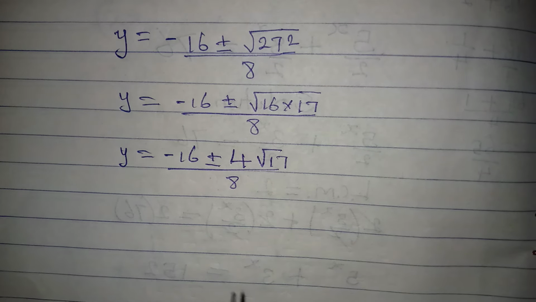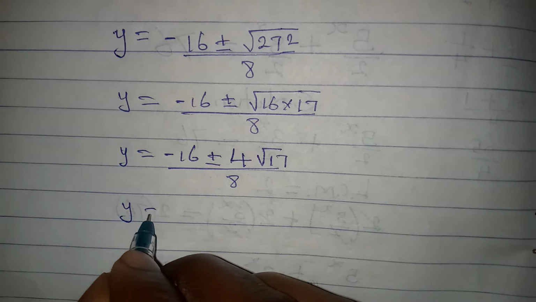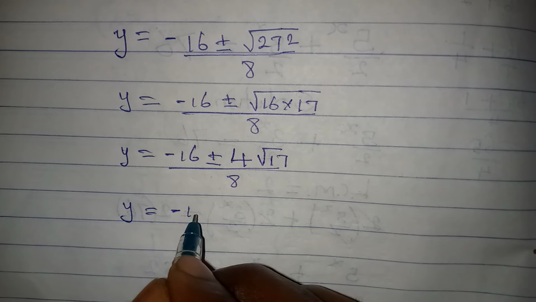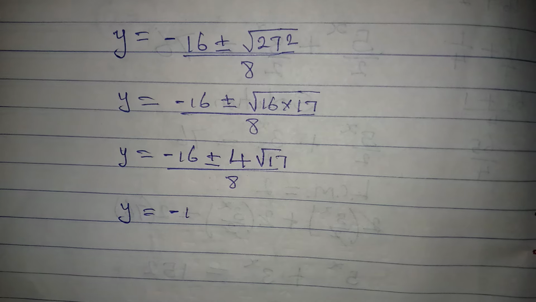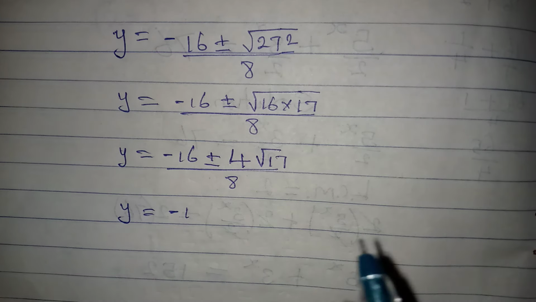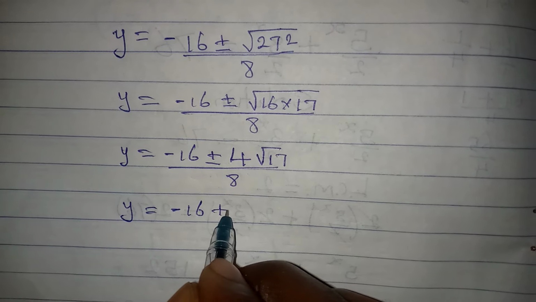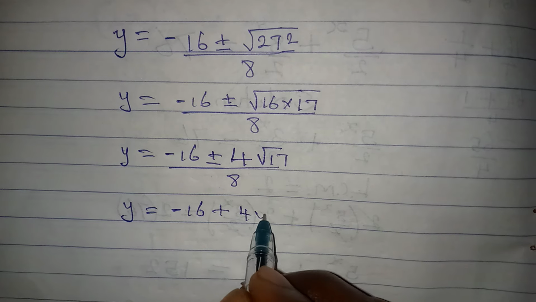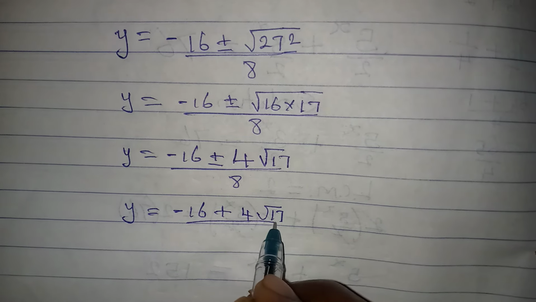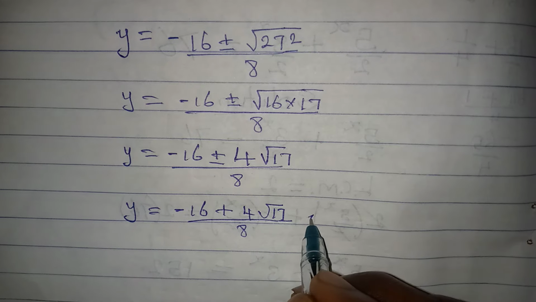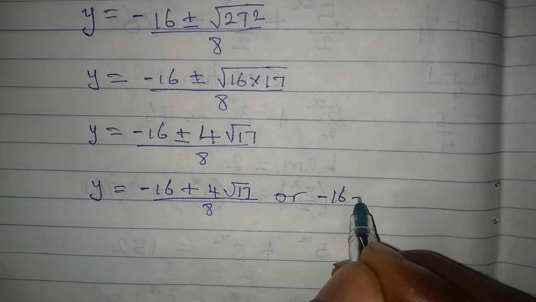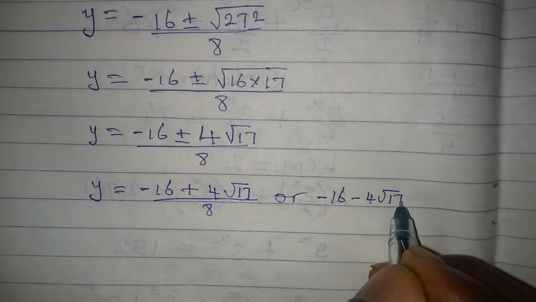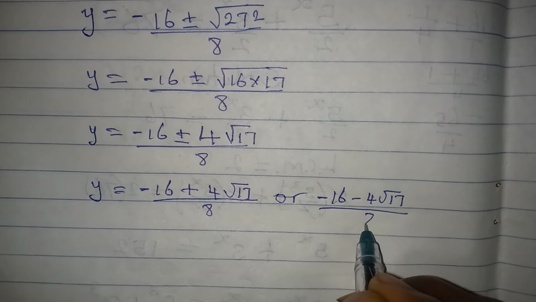Now, let me continue with this, so that y will be equal to minus 16. Okay, let me break it into 2 before factoring. Minus 16 plus 4 root 17 over 8, or minus 16 minus 4 root 17 over 8.